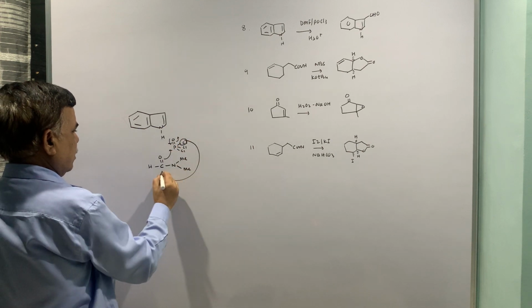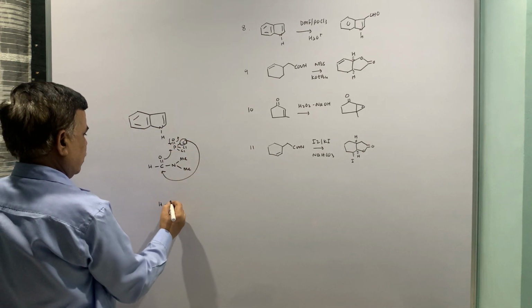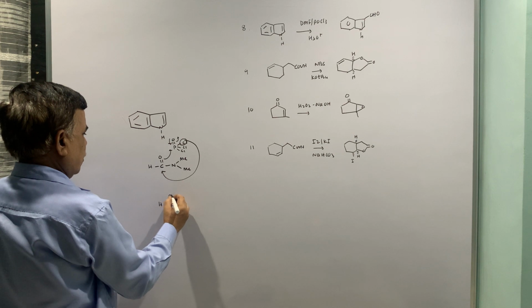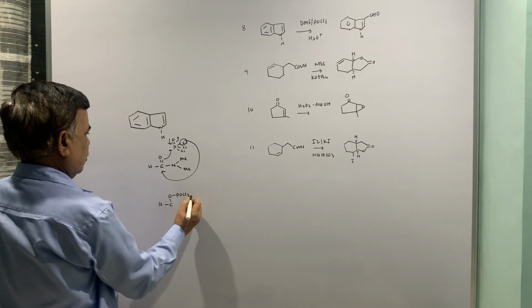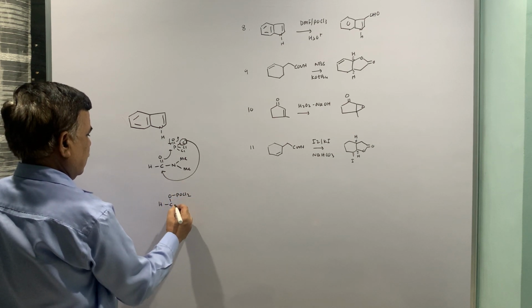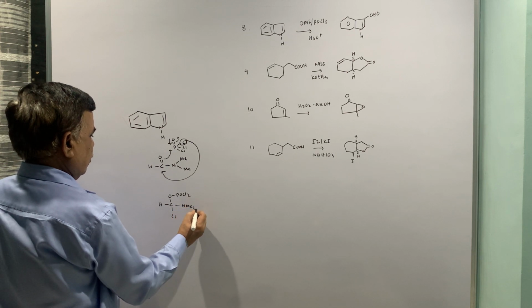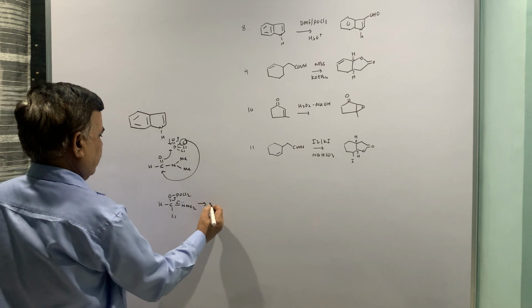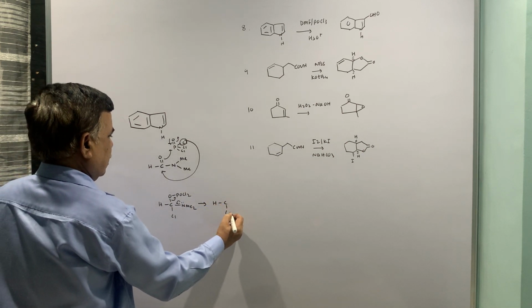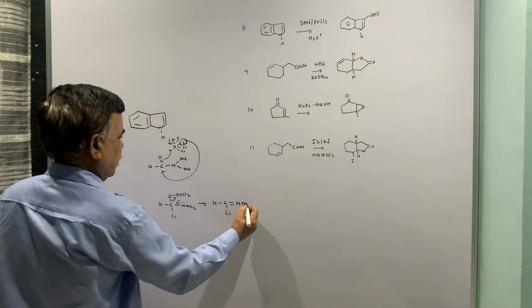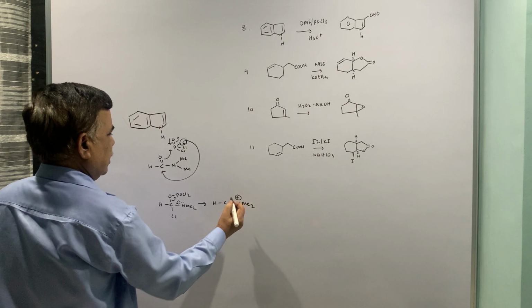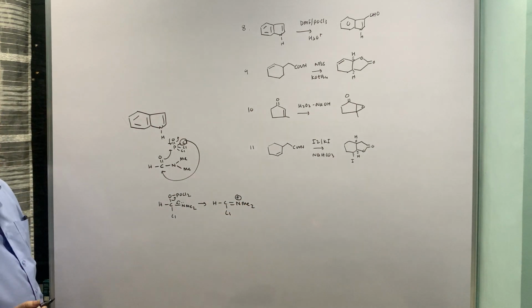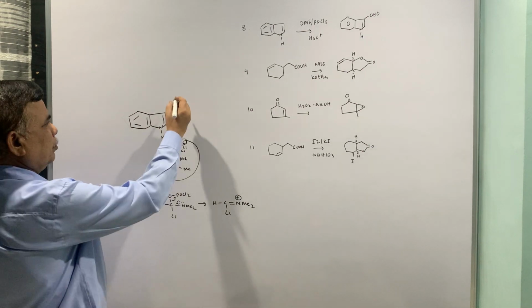One of the Cl comes here, O POCl2, Cl, NMe2, then this goes off, this becomes HCl double bond N. This is the actual electrophile which is taking part in the reaction.